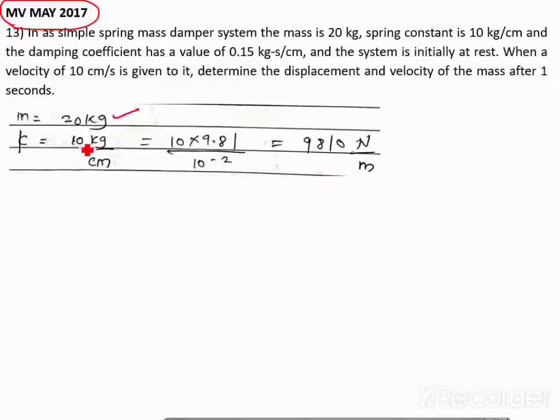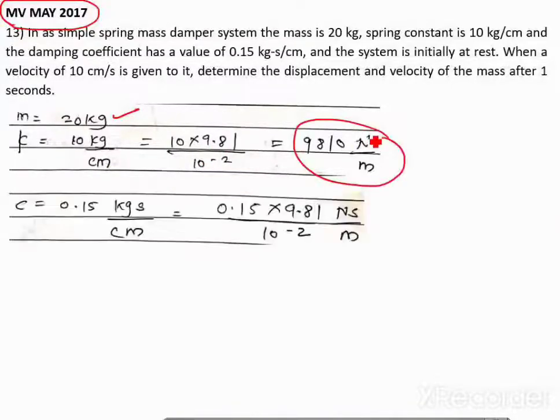I have mentioned here K is equal to 10 kg per centimeter. So you have to multiply by 9.81 divided by 10 to the power minus 2. So you get answer in Newton per meter. Okay. Next they have given C, the damping coefficient, which has a value of 0.15 kg seconds per centimeter.